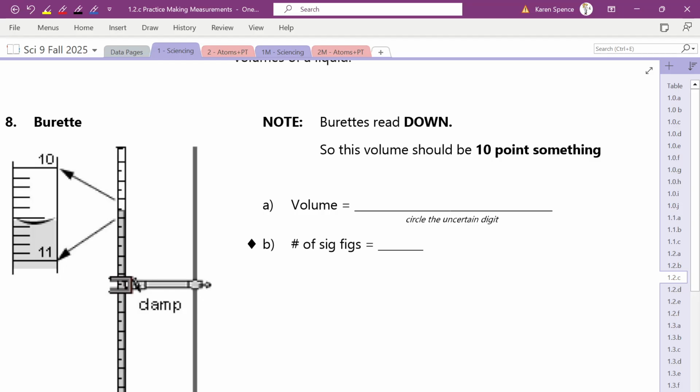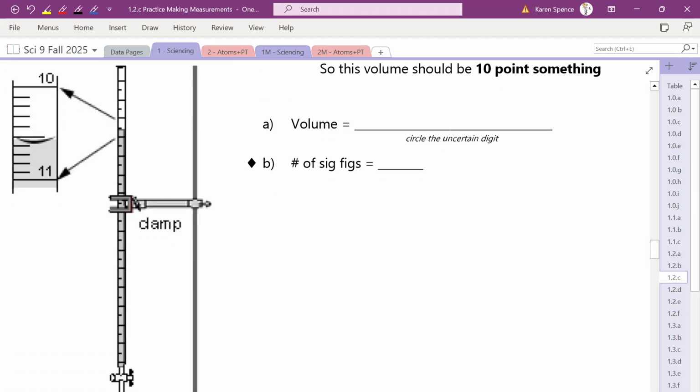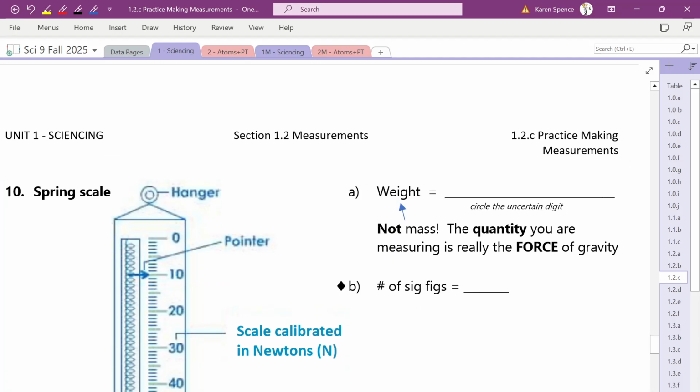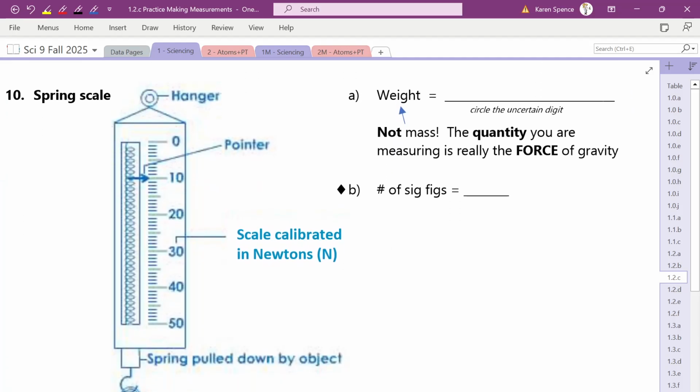Ooh, we need to skip number 8. Sure. Let's get rid of number 8. Let's do number 7. We have got a spring scale. This one you actually need to know, but we'll talk more about the spring scale when we talk a little bit more about mass and weight.